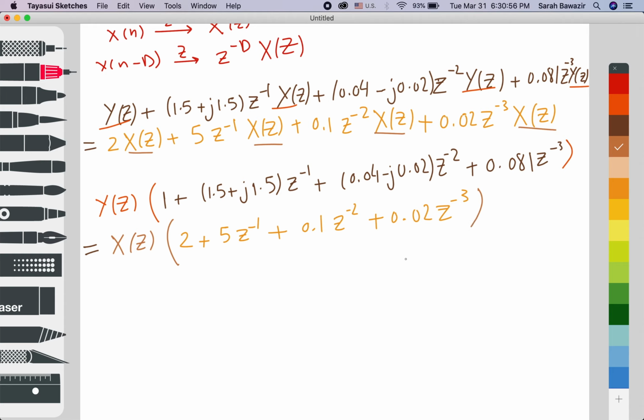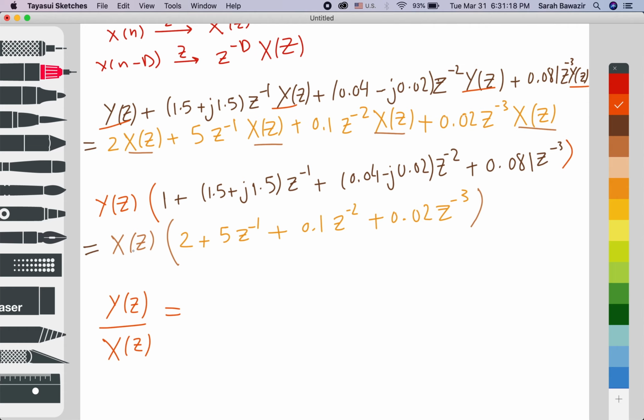Now to get this equation to give us the transfer function, we need an expression like this, Y(z) over X(z). How do we do that?